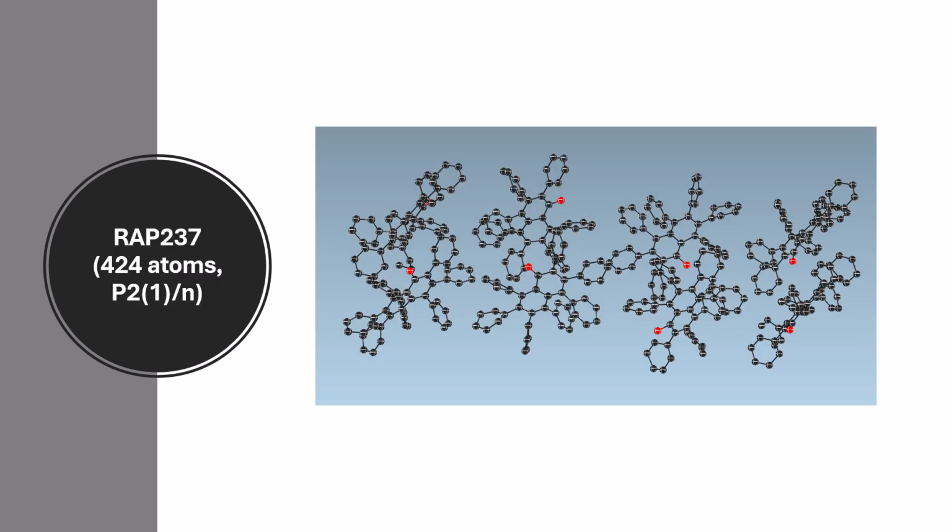Okay, so here is another example that was solved by the aR1 method. In this example, there are 424 atoms in this model. The black atoms are carbon atoms, and the red are oxygen atoms in this picture. So this model only contains light atoms.